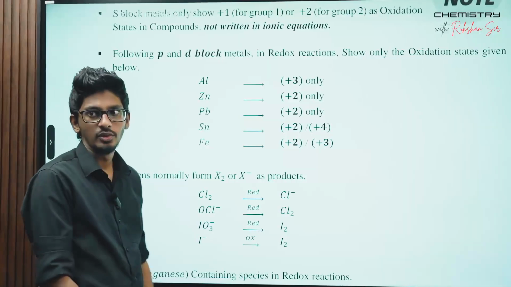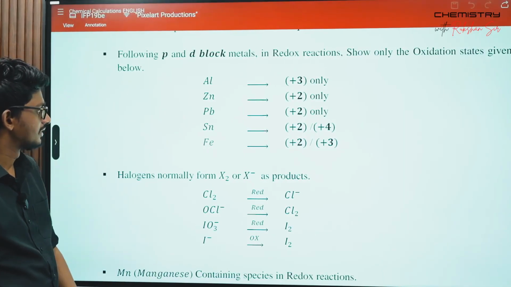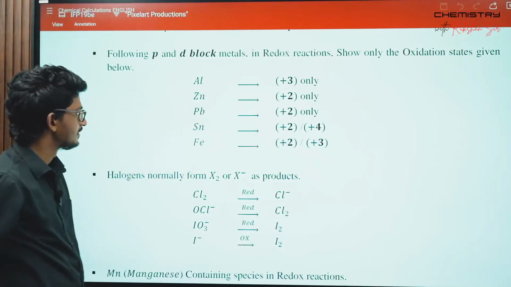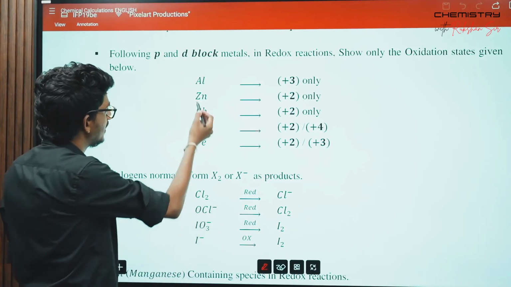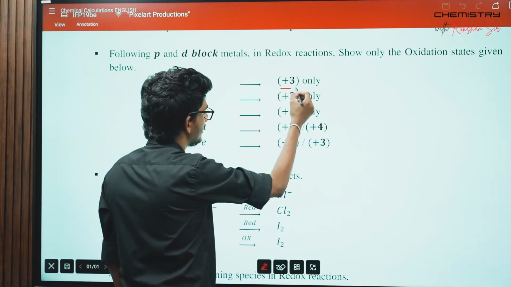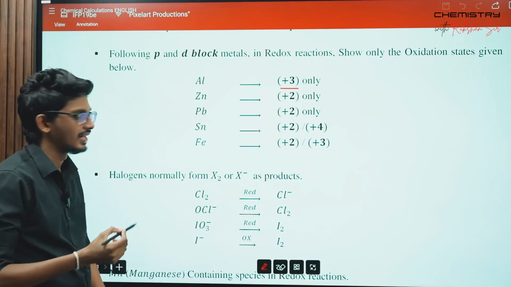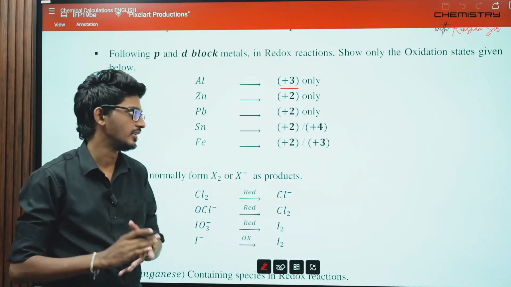If you think of these special elements, aluminium in these reactions always shows the +3 oxidation state. Aluminium could appear in the 0 oxidation state. Other than that, only the +3 will be shown by aluminium.